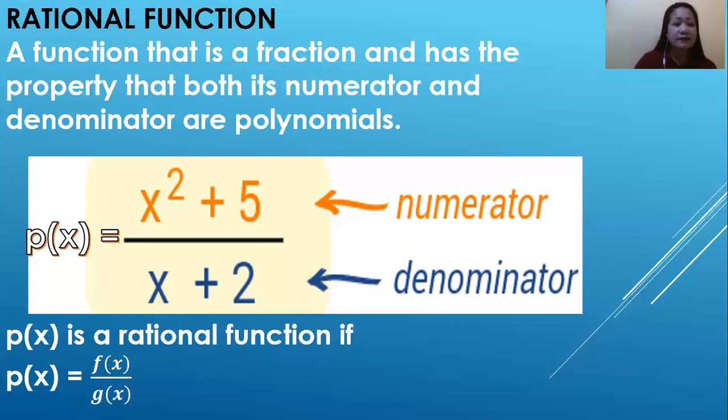Okay, as I've said, p of x is a rational function if p of x is equal to a function of x in the numerator and a function g of x in the denominator, meaning the ratio or the fraction of two functions.